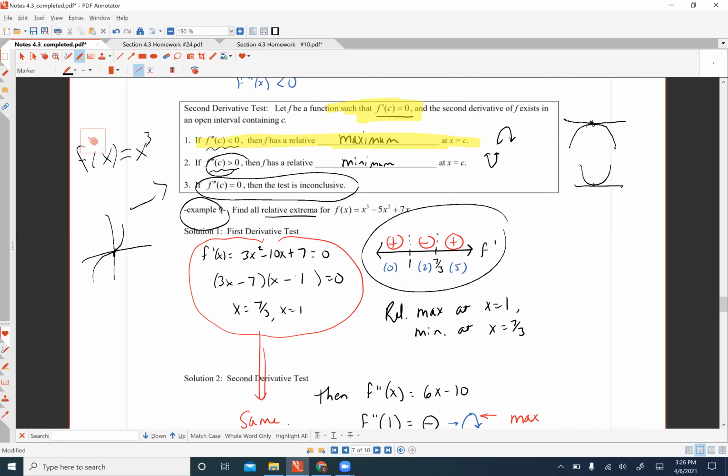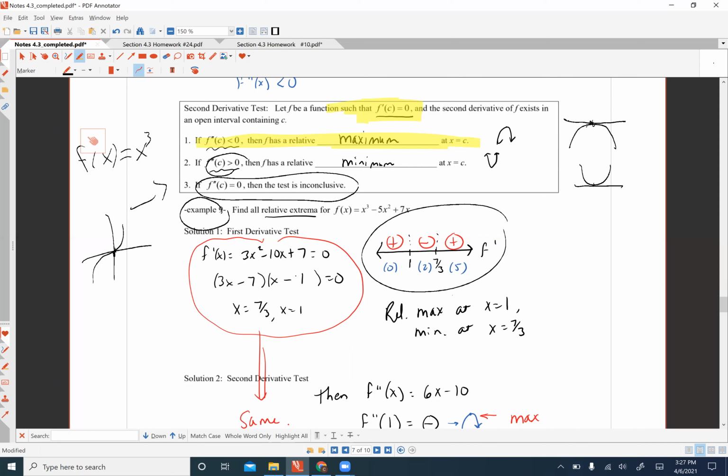To the left of 1, the first derivative is positive. In between 1 and 7/3, it is negative. To the right of 7/3, it is positive. So 1 has to be a maximum, and 7/3 would have to be a minimum, right? Because to the left of 1 the graph is going up, and to the right of 1 it is going down.